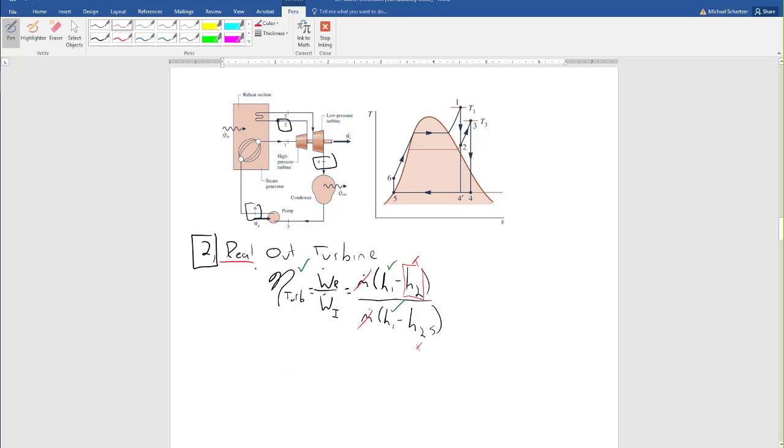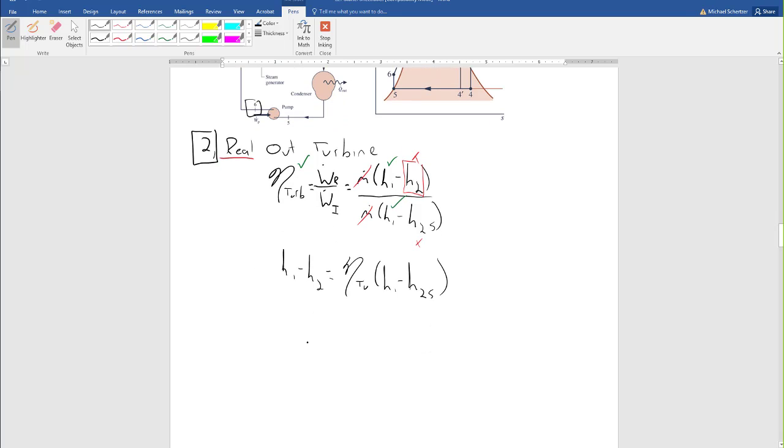H1 minus H2 is equal to the turbine efficiency times H1 minus H2S, or H2 is equal to H1 minus the turbine efficiency times H1 minus H2S.